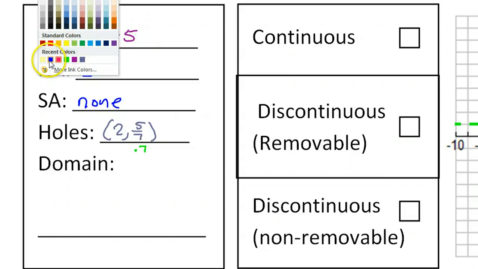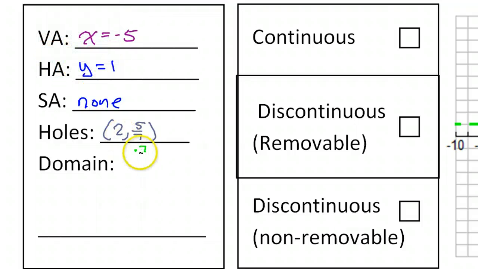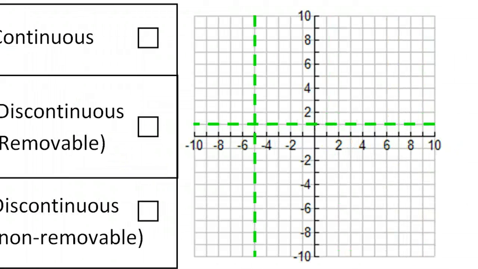The hole is a single point that's not included in the function. So let's graph that as an open circle. So 2 comma 0.7. If I go over 2 and up 0.7, that's going to be pretty close to the line. So I'll put an open circle up there. So there's my hole.